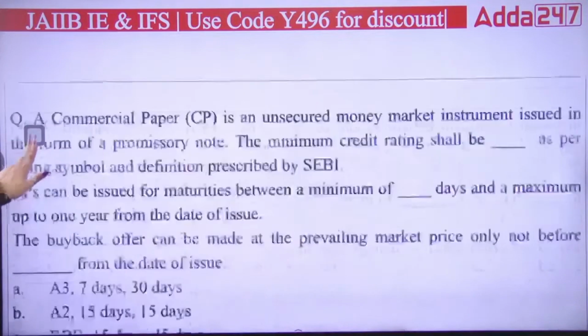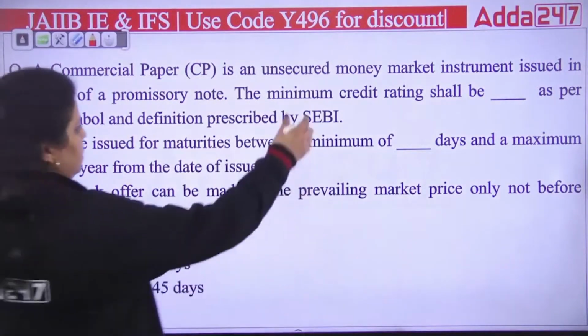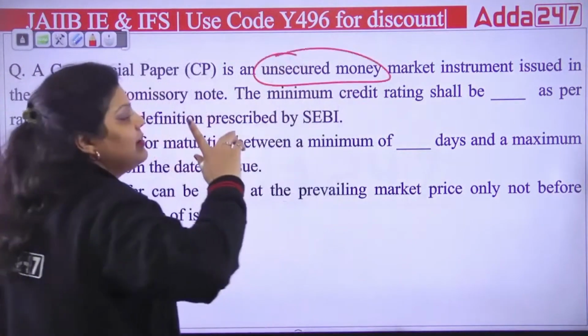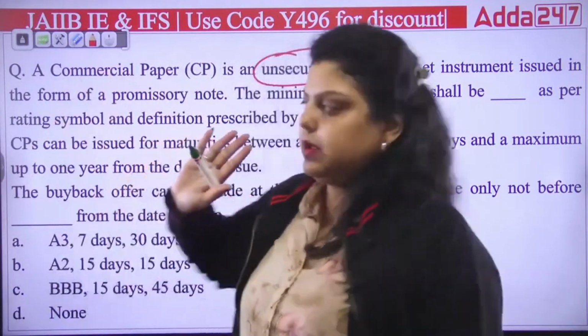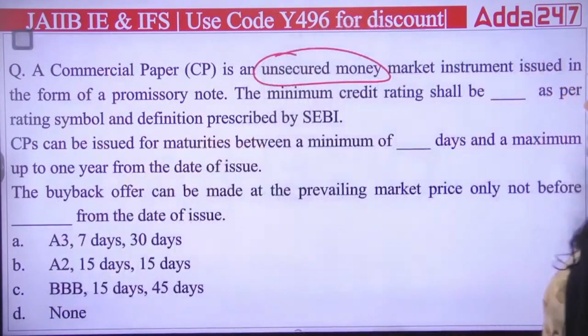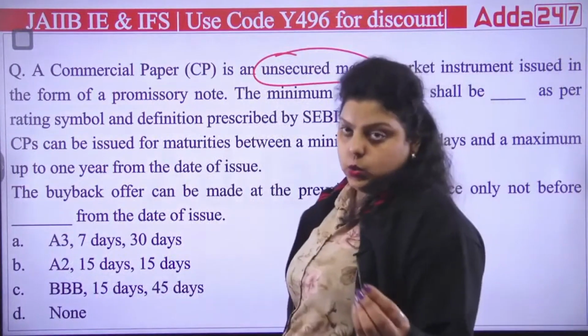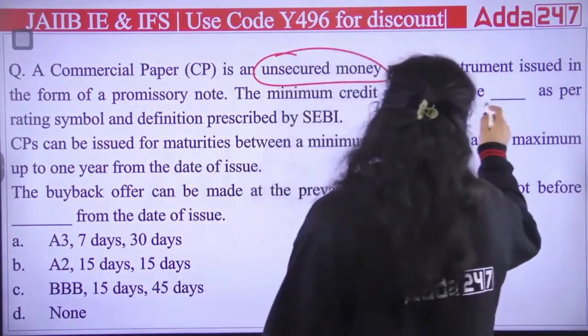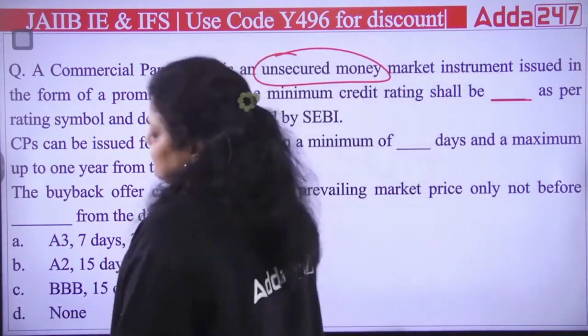Both are the objectives. Now, a commercial paper, that's another instrument of money market. It is unsecured. Why is it unsecured? Because it is issued by corporates. Corporates can issue the commercial paper. So a commercial paper is an unsecured money market instrument issued in the form of promissory note. The minimum credit rating shall be dash as per rating symbol and definition prescribed by SEBI.